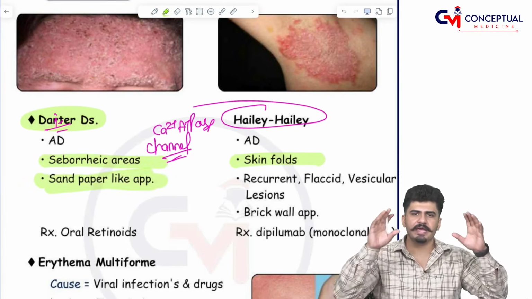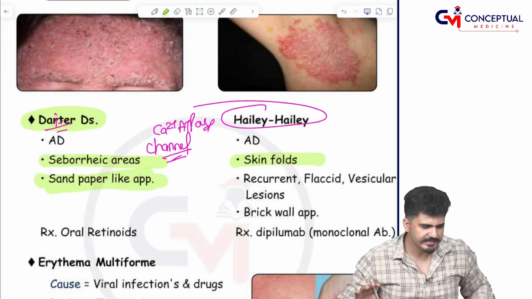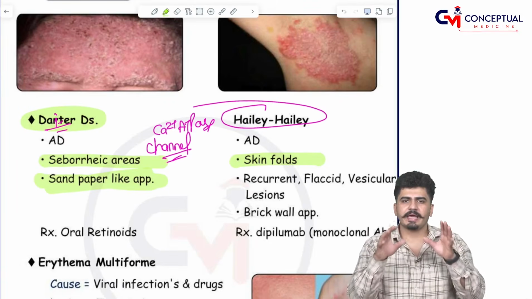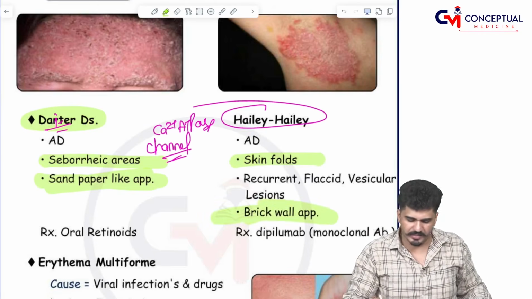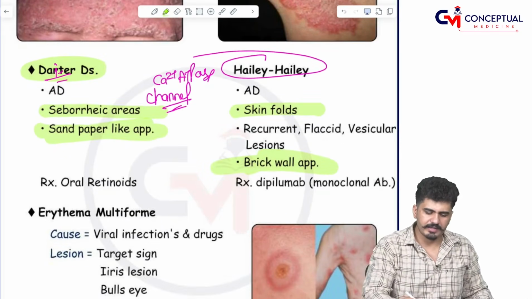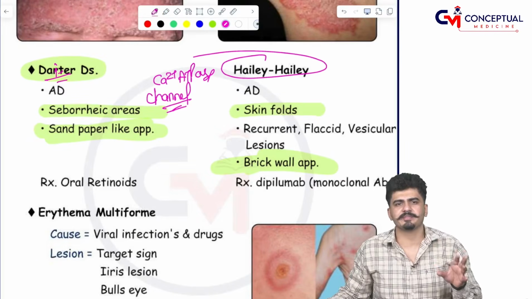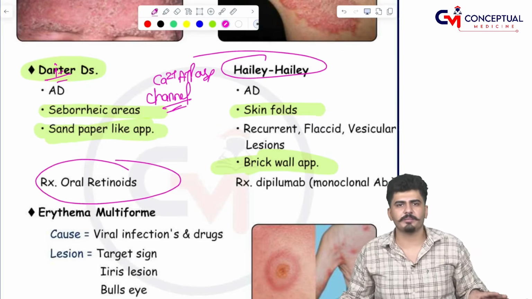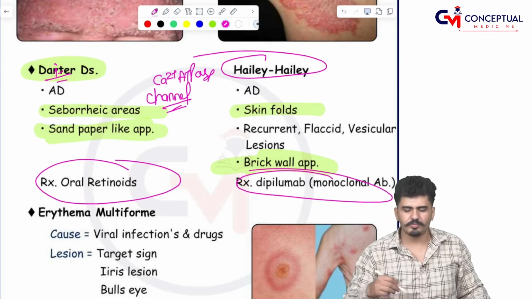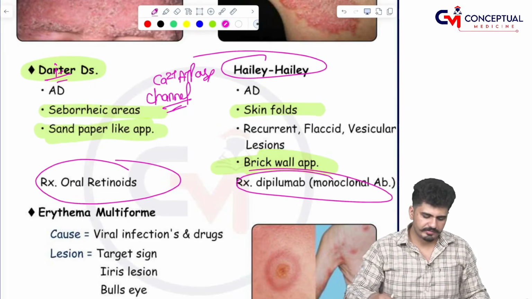Sandpaper-like appearance in Darier's disease. And in Hailey-Hailey disease, you are going to see a brick wall-like appearance. For Darier's disease, treatment is oral retinoid. For Hailey-Hailey disease, treatment is monoclonal antibodies, you have to give, sir.